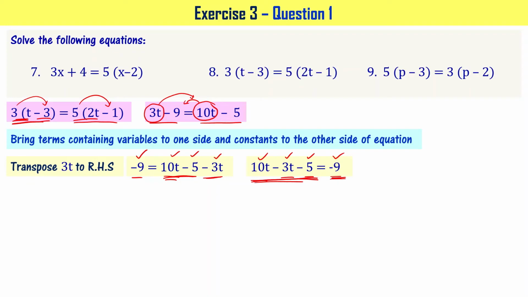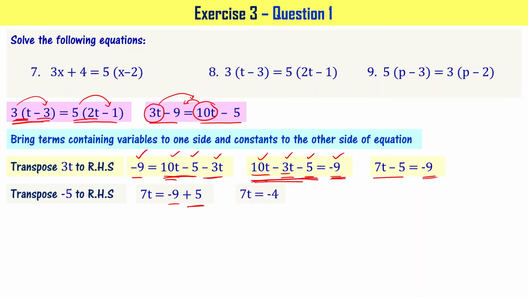Okay, now let me see. 10t minus 3t is 7t, right? So the equation becomes 7t minus 5 equal to minus 9, right? Now let us transpose minus 5 to the other side so that the equation becomes 7t equal to minus 9 plus 5, right? So simplify this such that you can write it as 7t equal to minus 4.